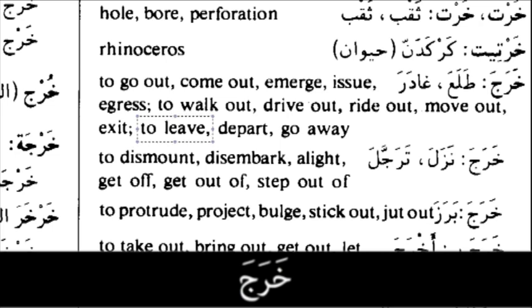So when you apply the verb in a sentence, you must remember to translate it so it coincides with the singular, masculine, third person. So we say, he went out, or he exited, or he left.